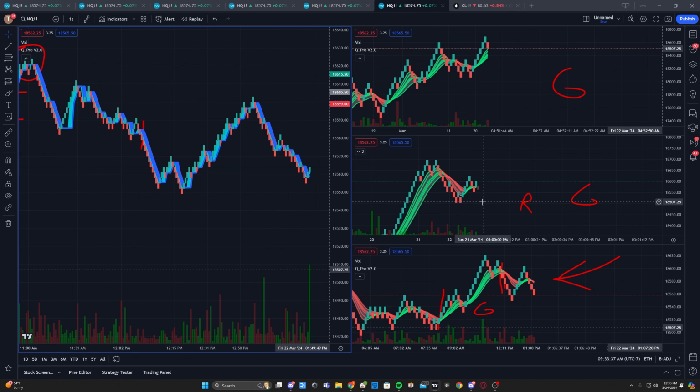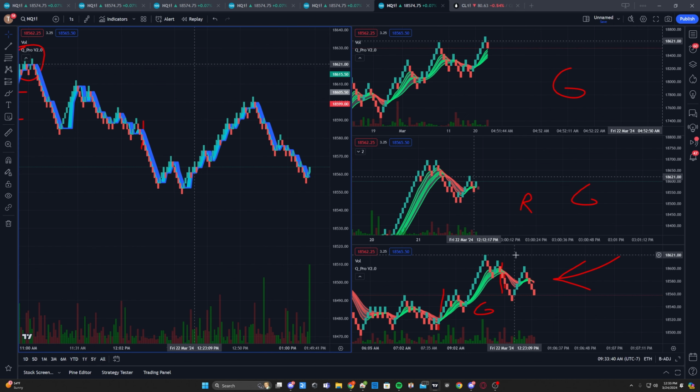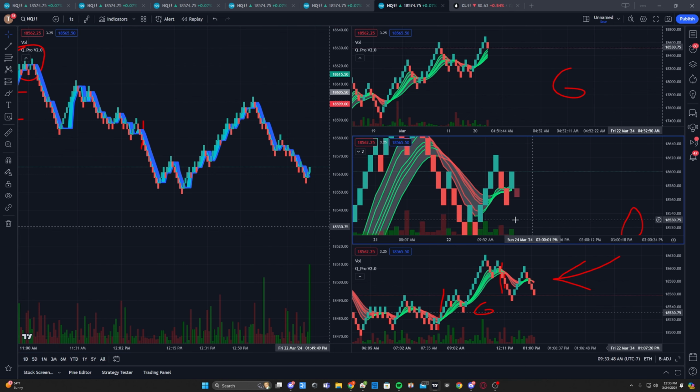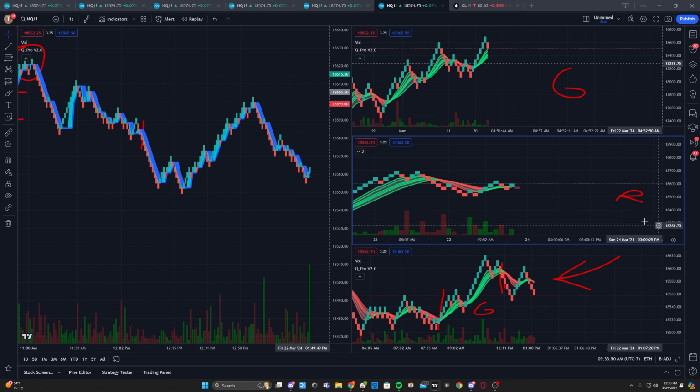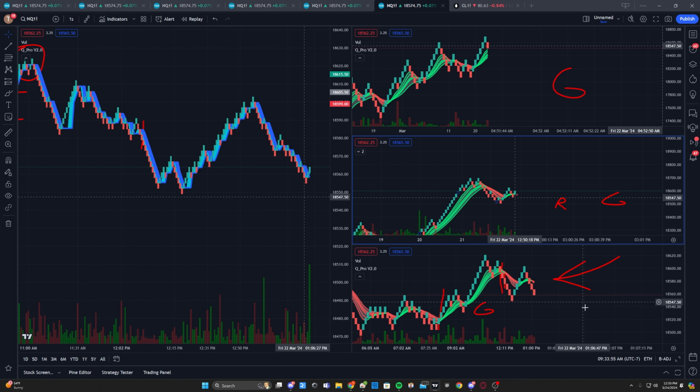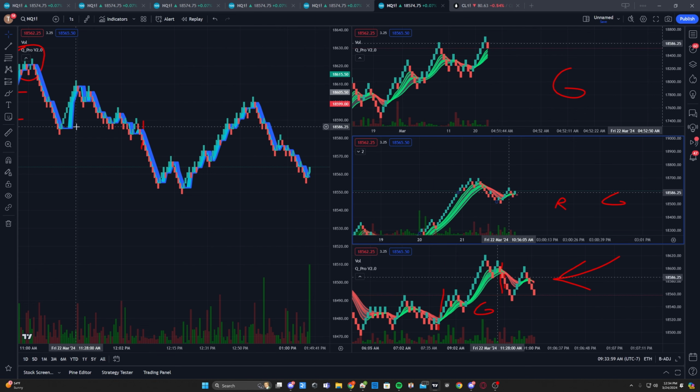But let's see if we have enough red on here. The problem is we don't have a flip here either, right? So we're green here right now. We are green here and we are red here. So basically, I'm not taking any shorts here.